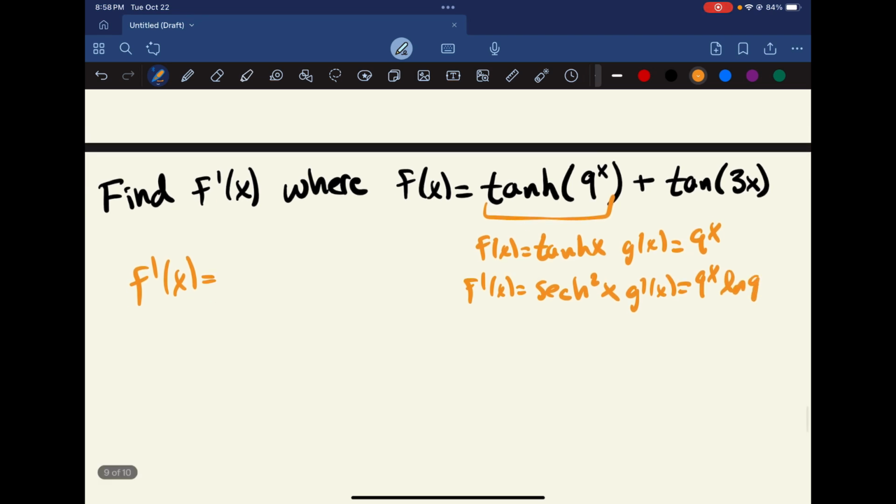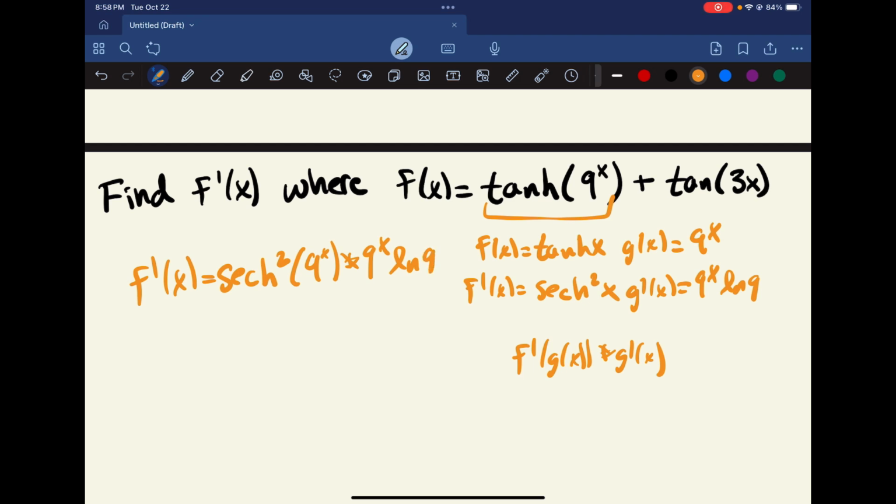So then we just put it all together in the form of f prime of g of x times g prime of x, and we get secant hyperbolic squared of 9 to the x times 9 to the x ln 9.